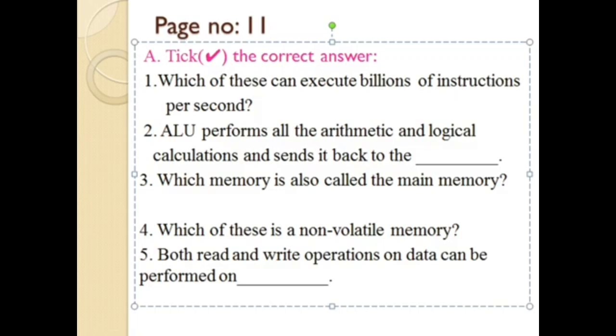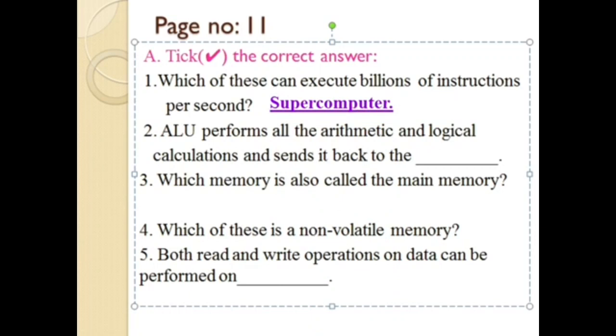Now only we saw they have 4 types of computer: micro, mini, main and super. So in this, which one can execute billions of instructions per second? Yes, supercomputer. So supercomputer can execute billions of instructions per second.